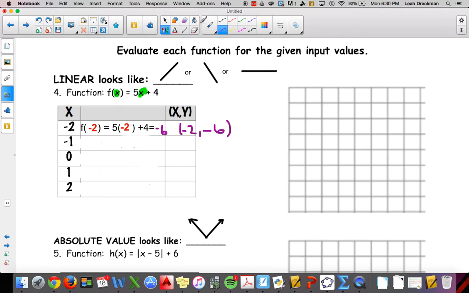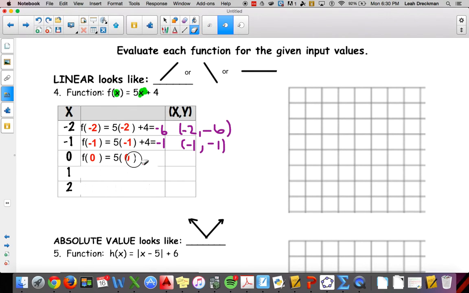All right, let's try another one. An input of -1 means we're going to take -1 times 5, and then we're going to add 4. So that's -5 plus 4 is -1. So if our input is -1, our output is -1.